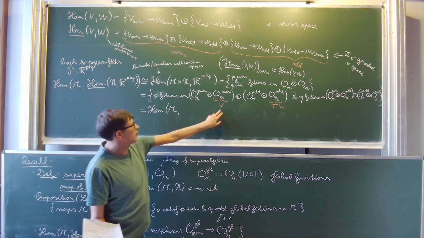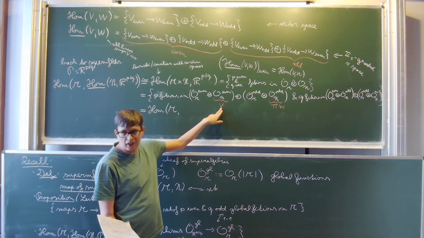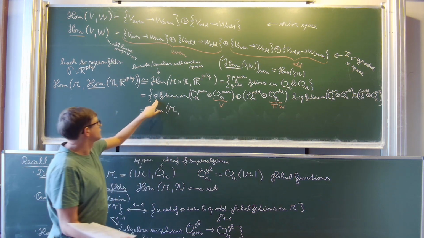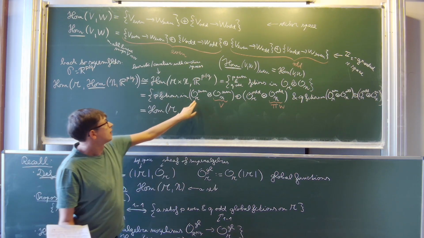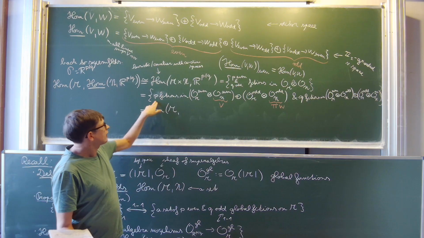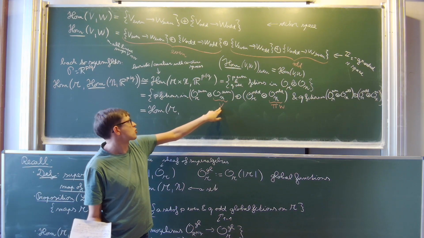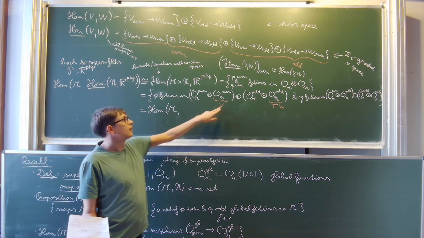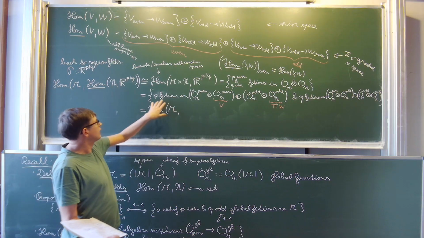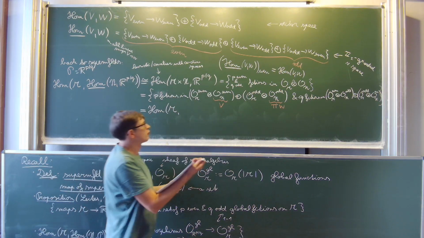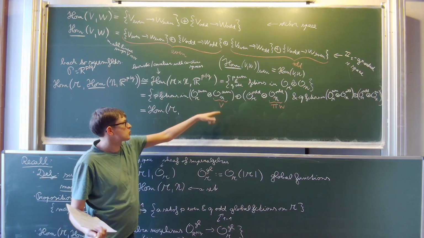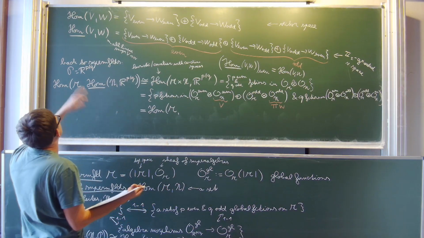Imagine that this would be a finite dimensional space like R3, and I have p elements in there, so it's the same as taking this thing p times, with dimension n.